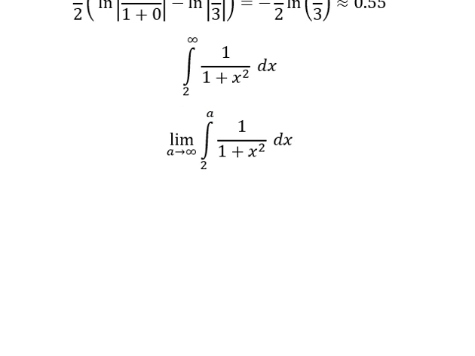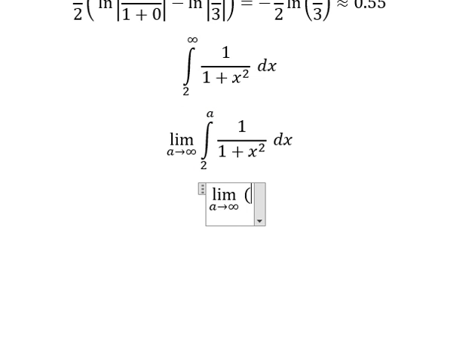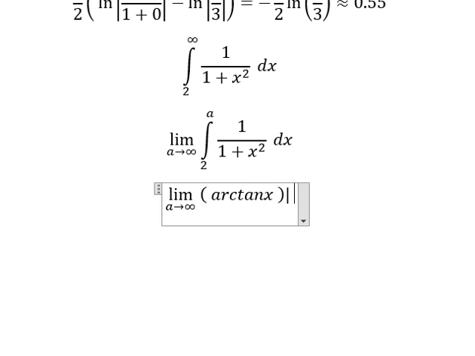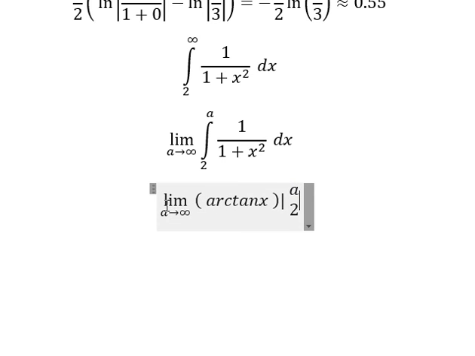And now we have it like this. And we put the bounds from number 2 to a. So we put a and number 2 going here.